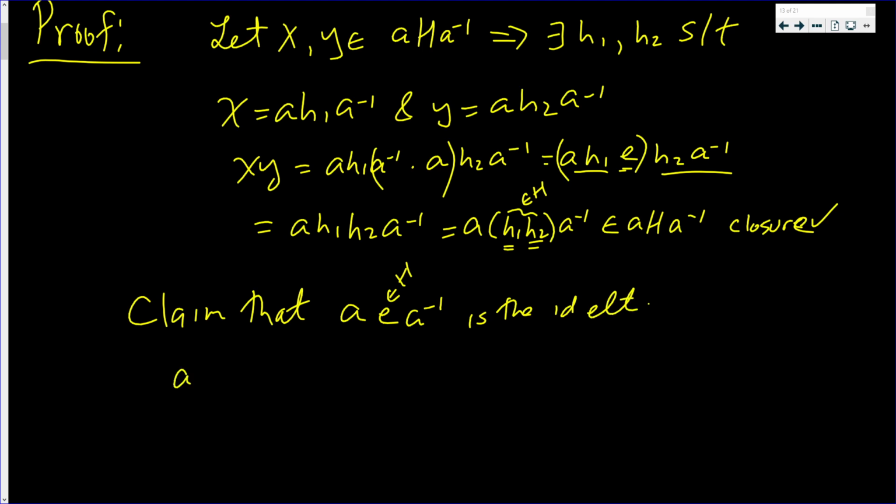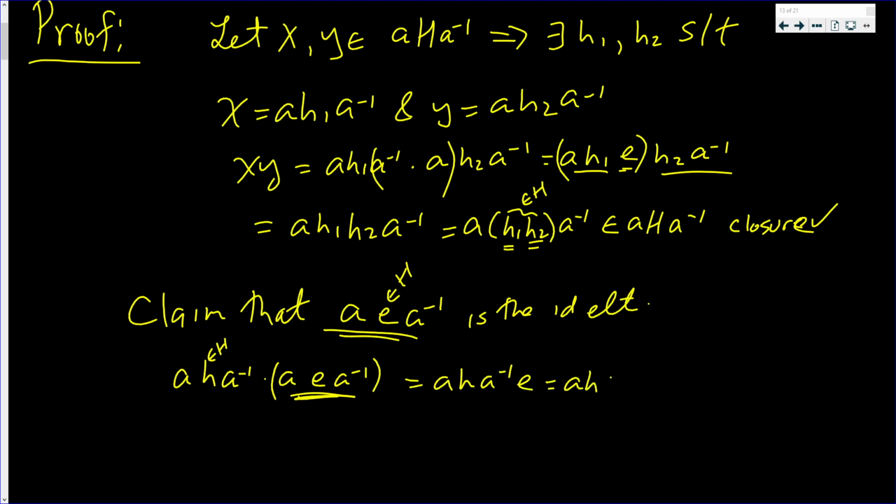Well, let's see. I'll take a h a inverse, where h is in H, and I'll multiply it by what I'm claiming is the identity element. You have a h a inverse composed with a e a inverse. Since a inverse times a is e, this whole mess on the left is just e times a h a inverse, which is a h a inverse. That is, we got back what we started with. If you want to do it the other way, it's not going to matter.